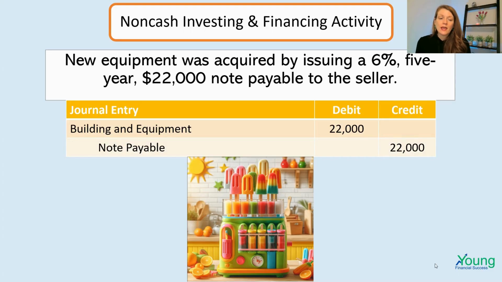So that would account for why land went up by a total of 12,000, but 10,000 of that was the sale of land. So then the 22,000 increase of land, building and equipment would have been from this.